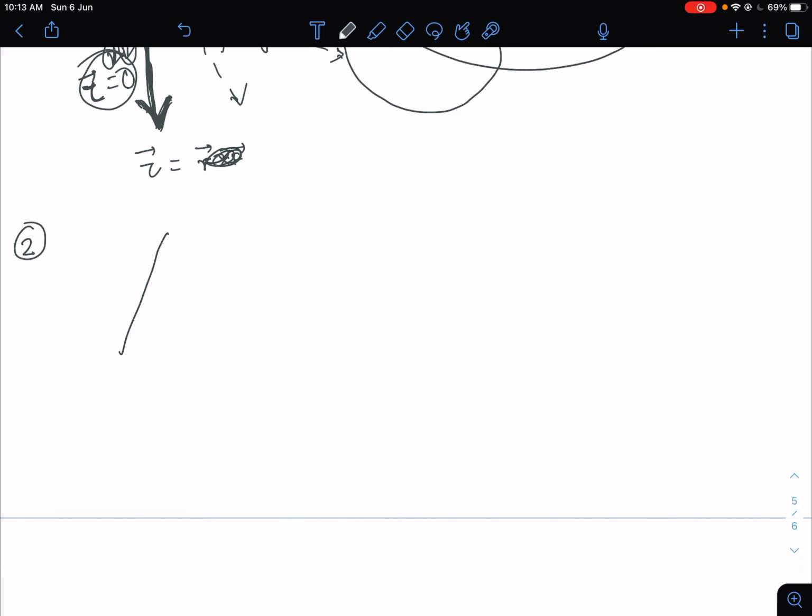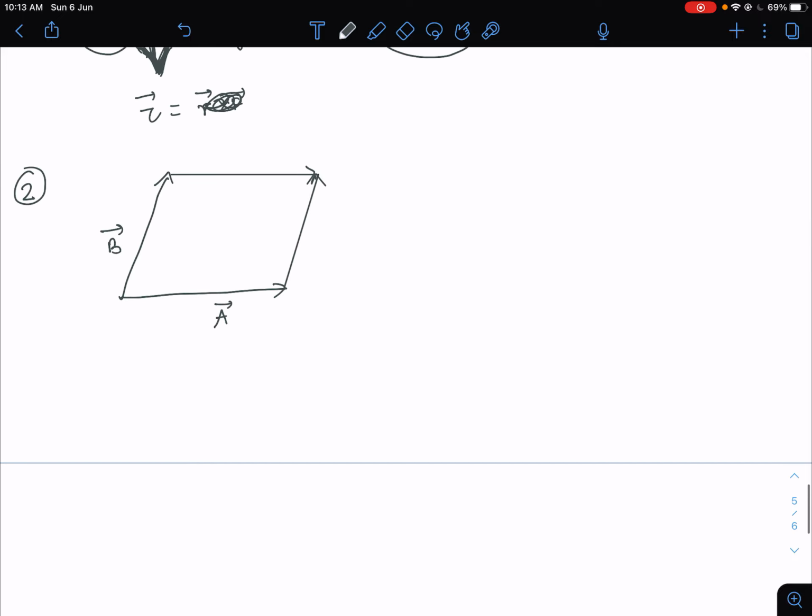If you have two vectors A and B and you complete a parallelogram with A and B, and I ask you what is the area formed by the vectors A and B, the magnitude of the area, let's say S is the area of this parallelogram, is base times height, h. And what is h? h is B sine theta.